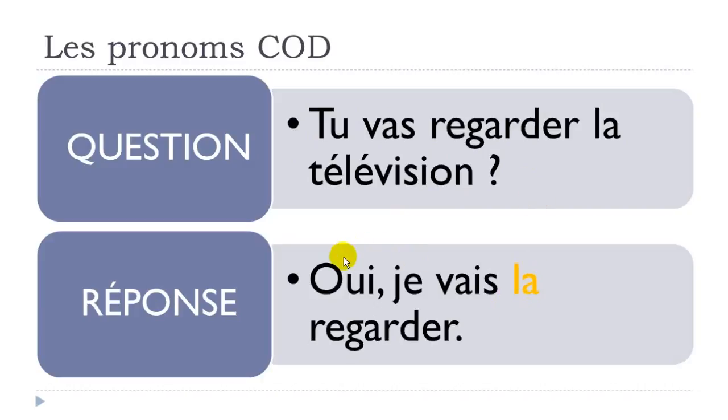Like here, oui, je vais la regarder. I'm not telling you that it will come between the two verbs, because you can have many things between these verbs. So focus on this idea that it will come before the second verb. Oui, je vais la regarder.